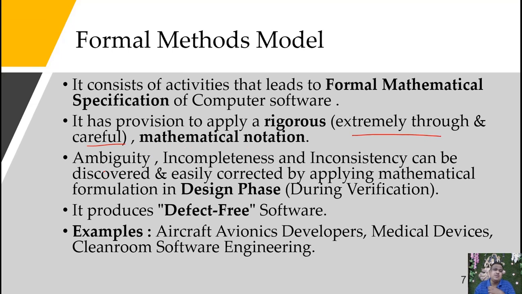Ambiguity, incompleteness and inconsistencies, the three important issues, can be discovered and easily corrected by applying mathematical formulation in the design phase during the verification itself. It produces defect free software.